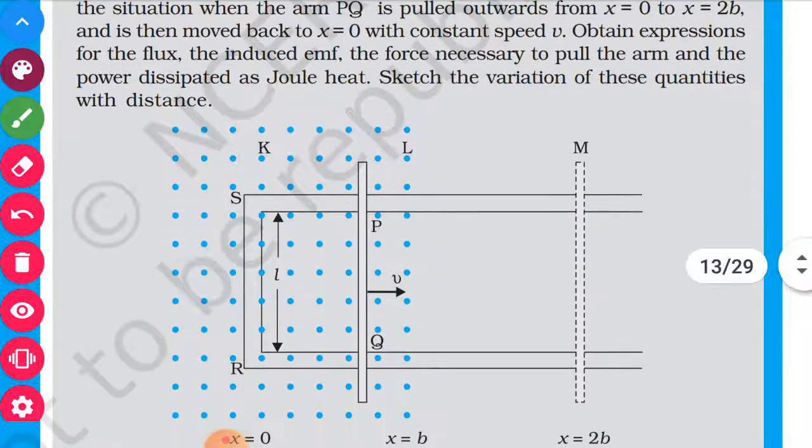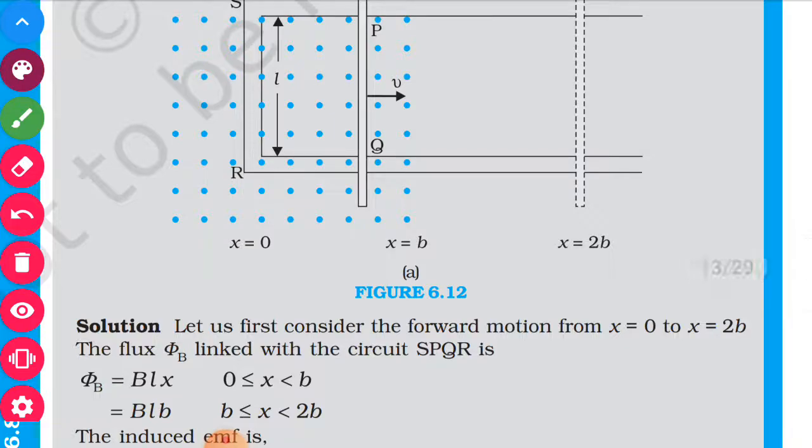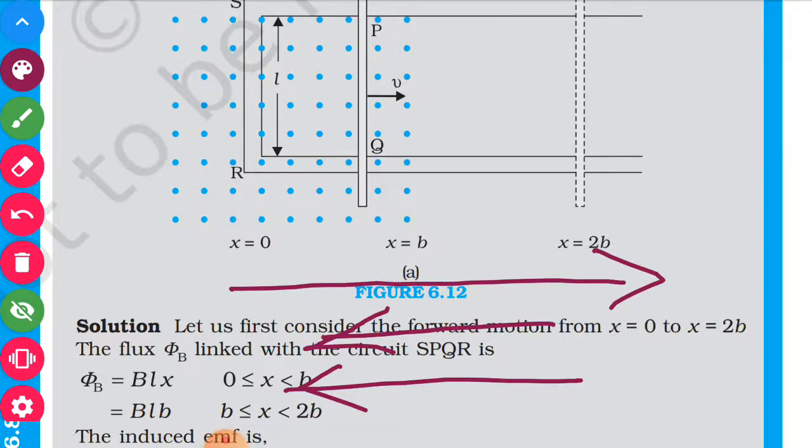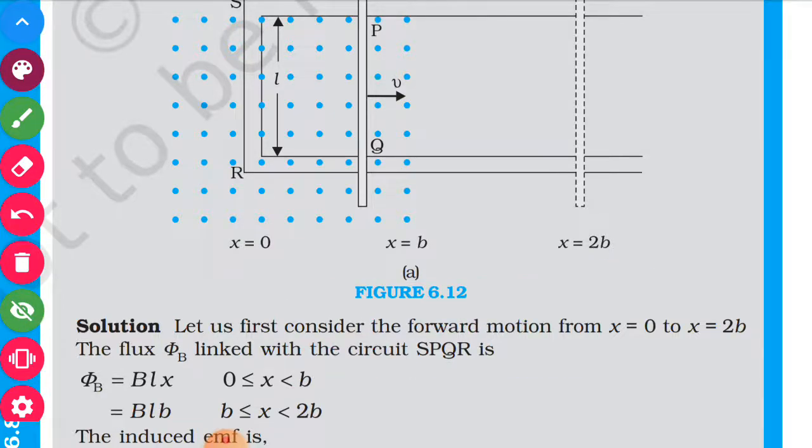Now see, first of all, flux is B into A, that is area multiplied by the magnetic field. Rather B dot A, but area and magnetic field are in the same direction, therefore B A cos 0.